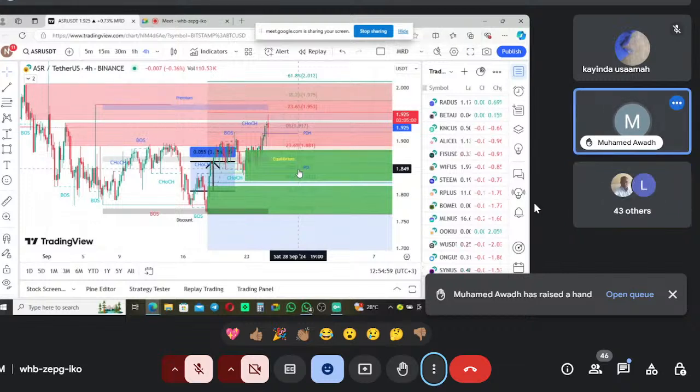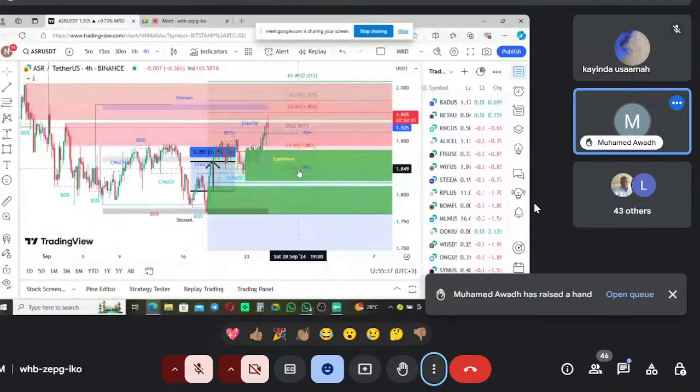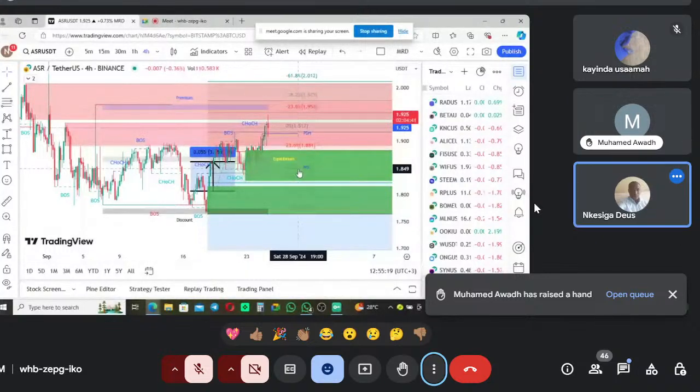Now, let's come to discount, equilibrium, and the premium. These three blocks are very, very important. They will give you the range where they expect the market can be moving. The market can be moving within that area. It will be moving from discount level to premium level, discount level to premium level, until we break the premium level and we continue.